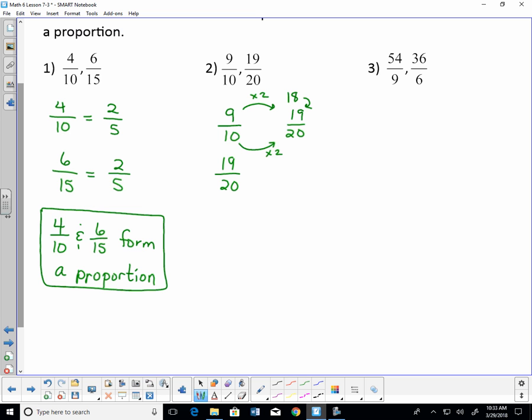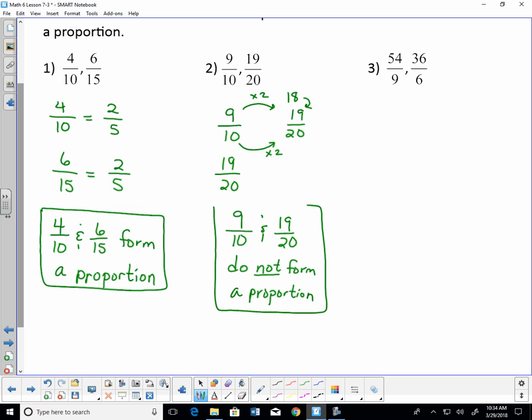Therefore, 9/10 and 19/20 do not form a proportion, because 9 times 2 is 18, not 19, and the 19 makes it so that it's not a proportion.